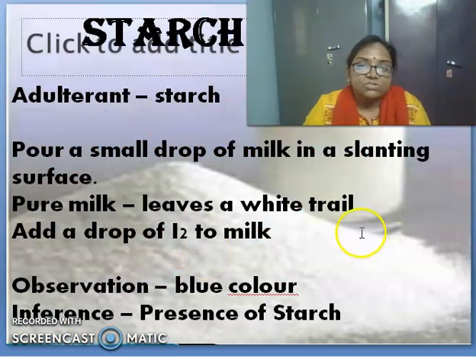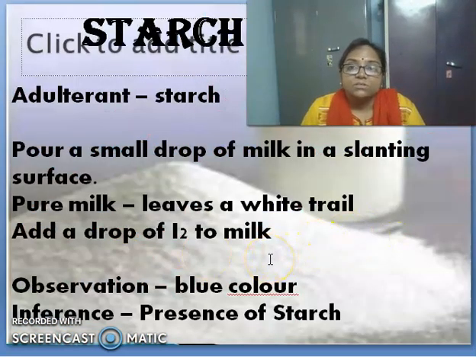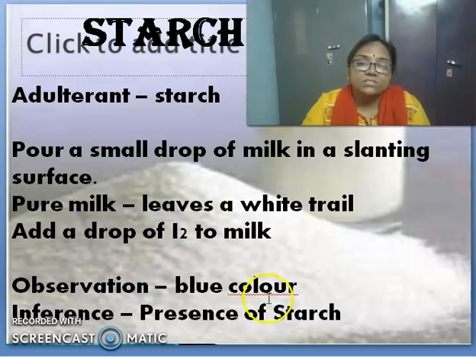Next one is starch in milk. Usually when starch reacts with iodine, it forms an inclusion complex, which appears blue in color. That same concept, that same test, we are doing here also. When starch is added as an adulterant in milk, the test is to take a small drop of the milk on a slanting surface.